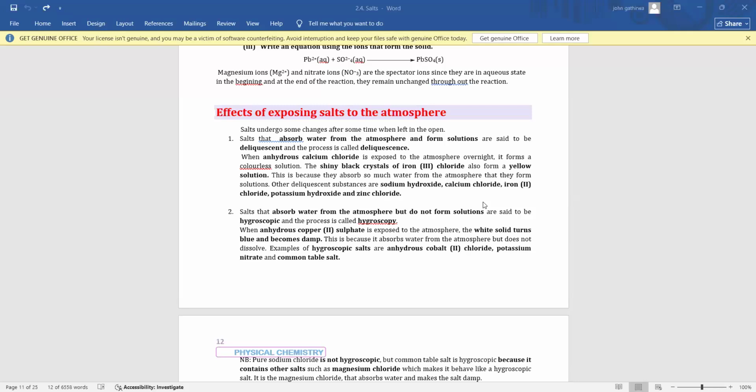Any other question or comments? Yes, Evans. The first question: both potassium carbonate and calcium carbonate are white solids.